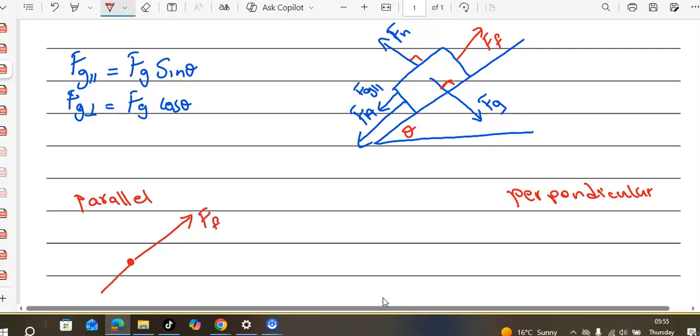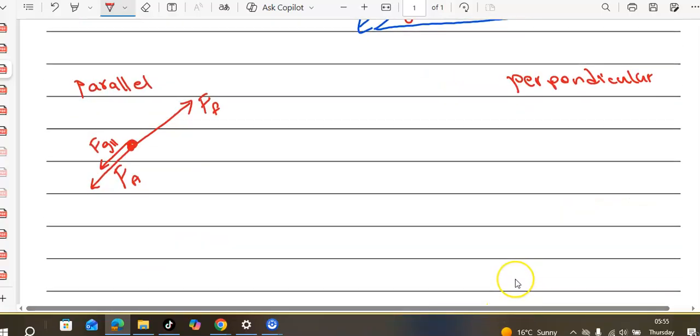Then what else do we have? We have the force applied, FA. And what else do we have? We have the FG parallel. Okay. So remember the parallel, this is Newton's law, F net is equal to MA.